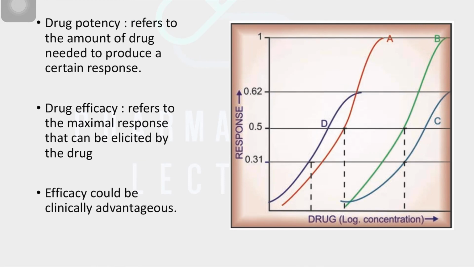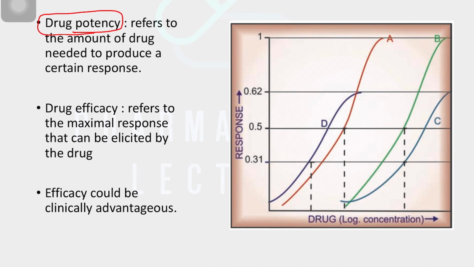Here we need to understand some of the definitions or the concepts related to those dose response curves. Let's understand what is potency, or drug potency. It refers to the amount of the drug needed to produce a certain response.